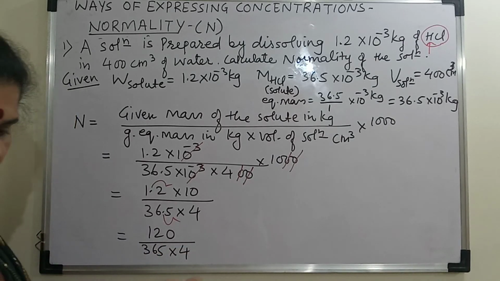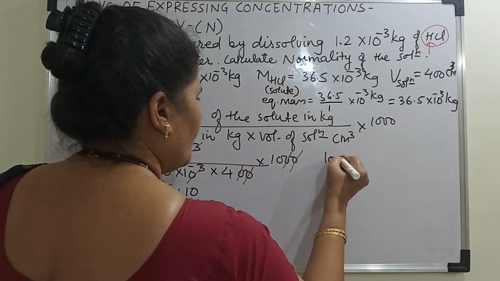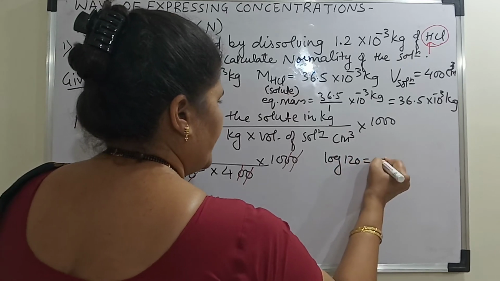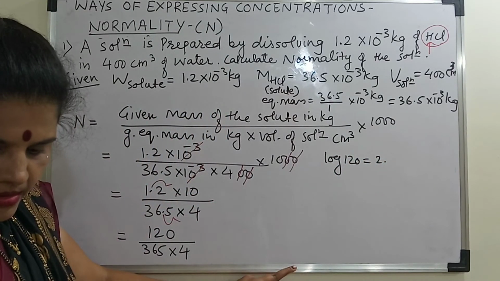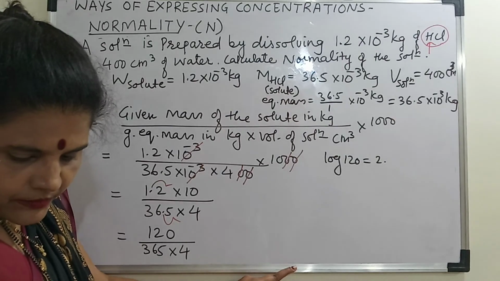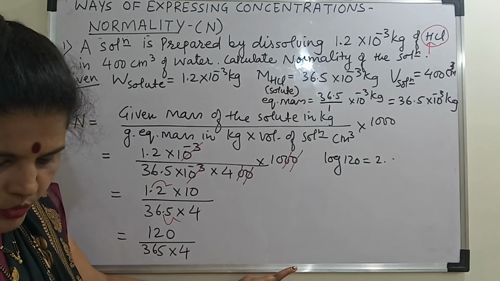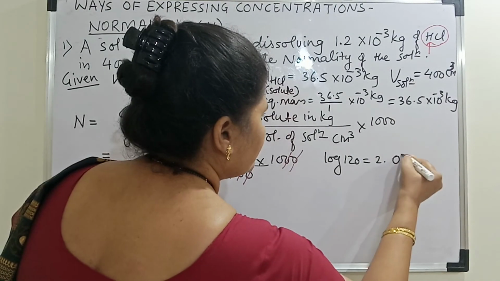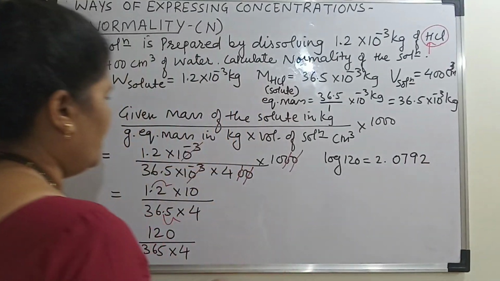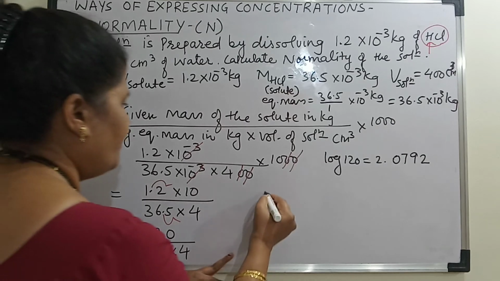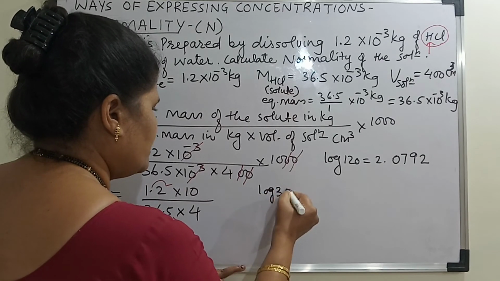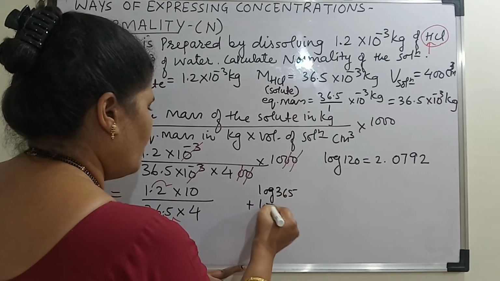Let us go by log now. Log of 120 is, how much, students? It is 2.0792, and log of 365 I will add to log of 4 here.